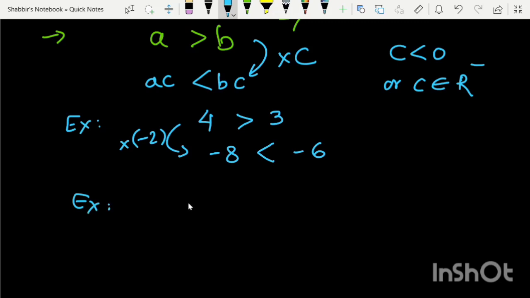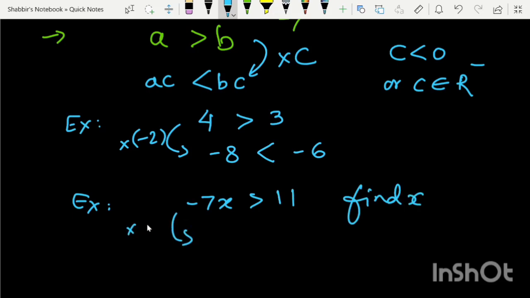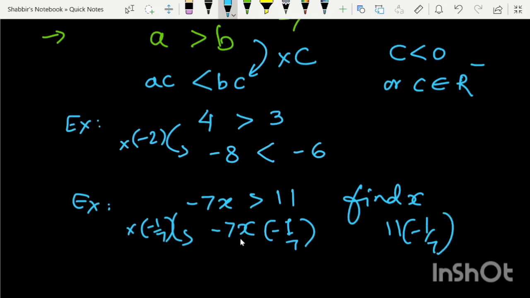Therefore, suppose it is minus 7x greater than equal to 11, and you have to find x. In the next step, in order to remove the coefficient, you have to multiply by what? Yes, minus 1 by 7. Minus 1 by 7 is multiplied both sides, and as soon as you multiply, you have to change the sign of the inequality also.